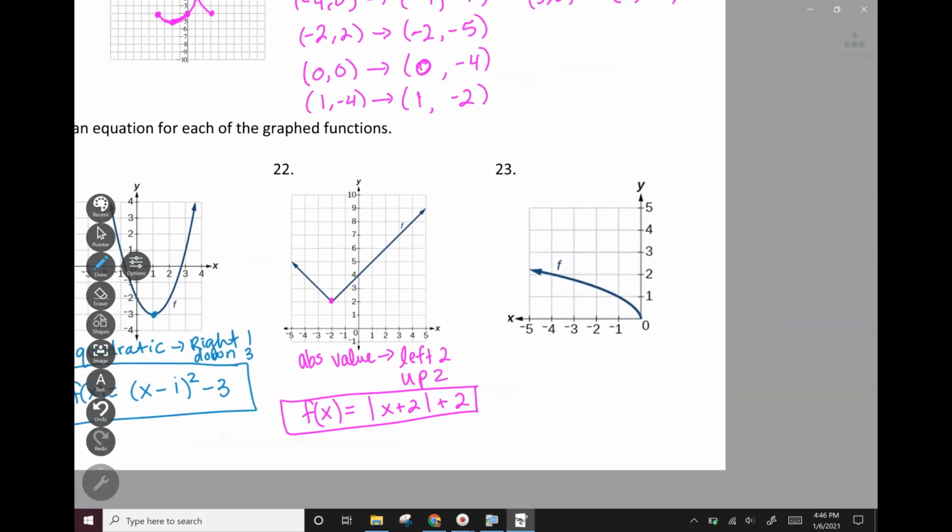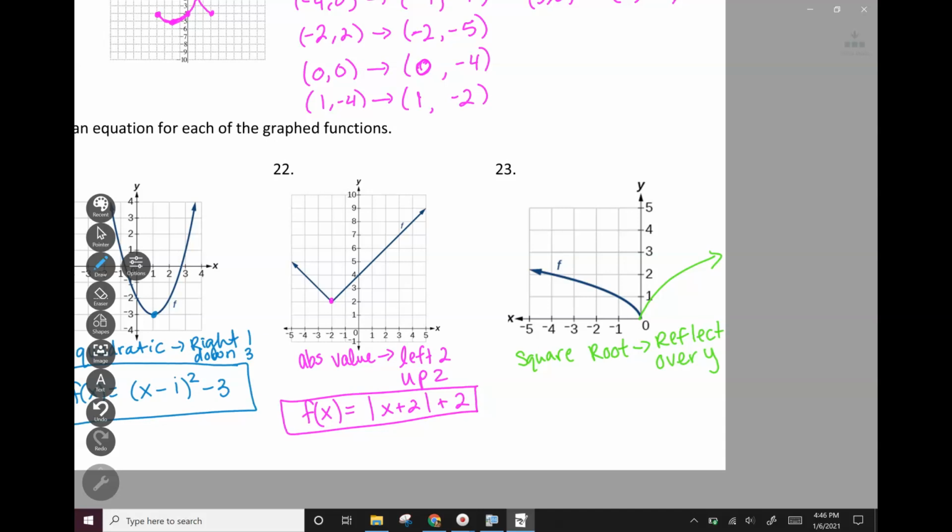And this last one, that is the square root function. Remember the square root function, the parent function looks like that. So this got reflected over the y-axis. And then no other transformations actually.